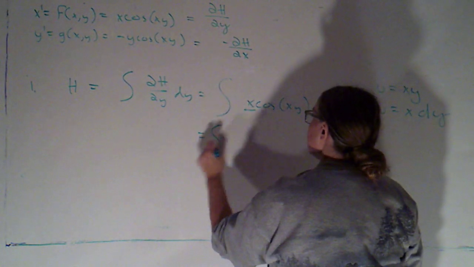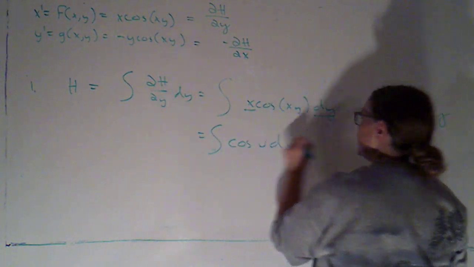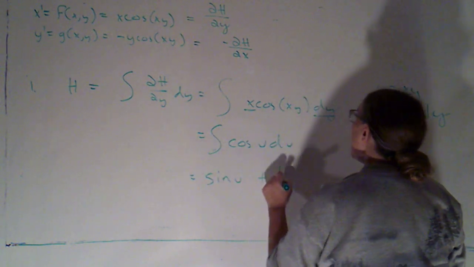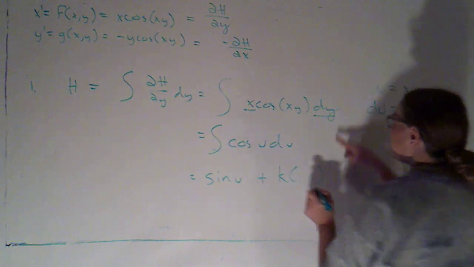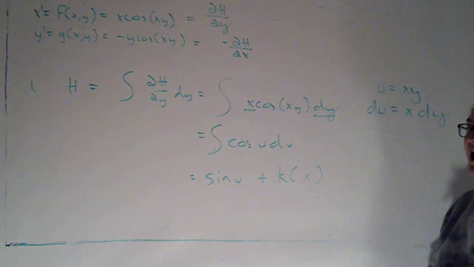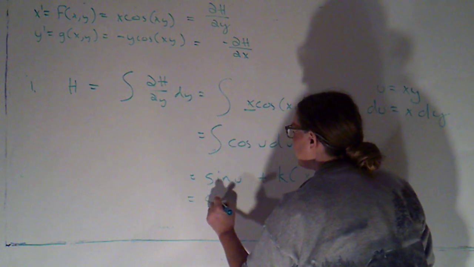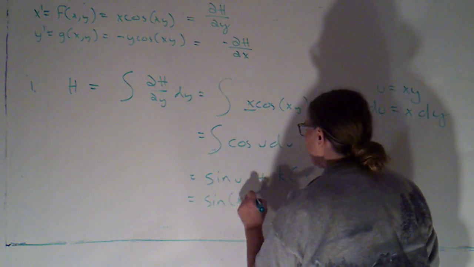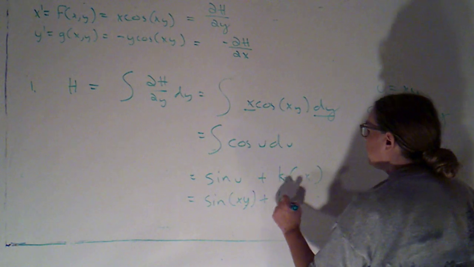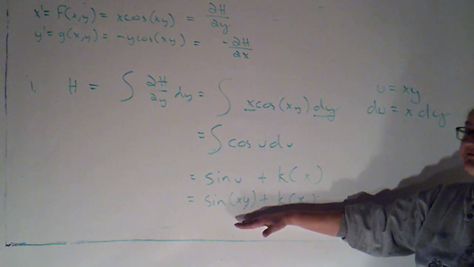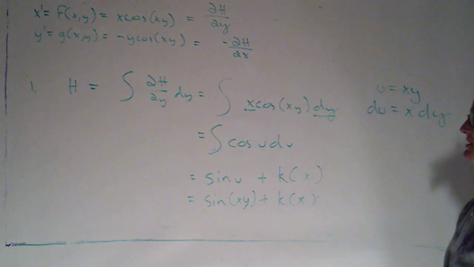So this becomes the integral of cosine of u du, which is just going to be sine of u plus something that is constant with respect to y, which would be k of x. So then sine of xy plus k of x. So that gives me a partial formula for what h is going to be.